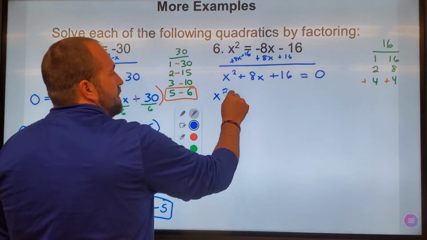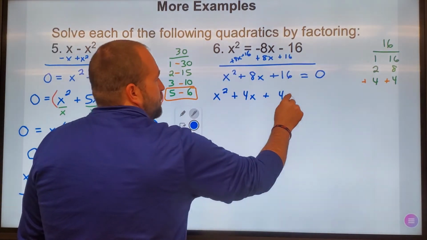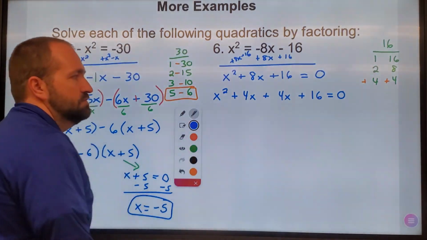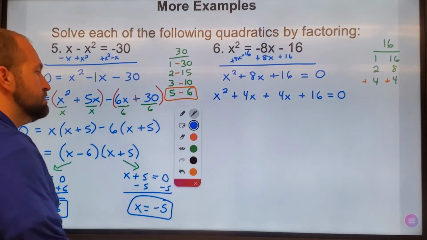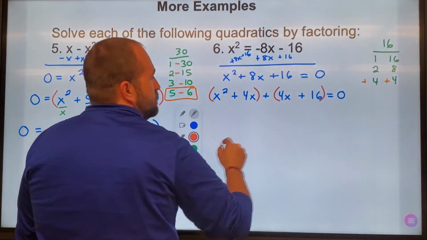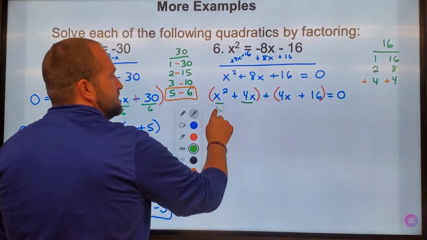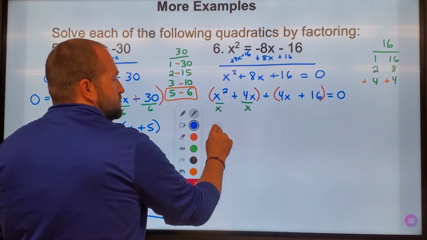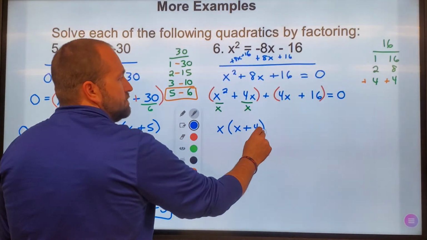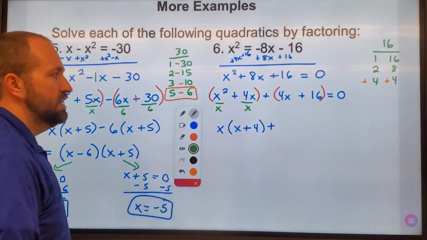So again, I'm going to split up that middle term to be now plus 4x, plus 4x, plus 16 equals 0. I'm going to group, leave the sign in the middle, group the last two. See what these have in common. They have an x in common. So that gives me x times x plus 4. This sign comes down. 4x and 16 have a 4 in common.